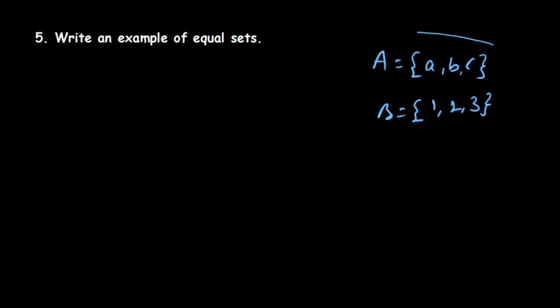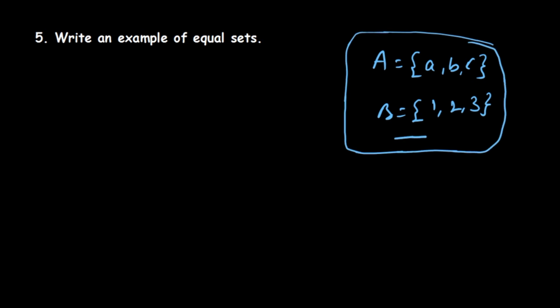See, these are not equal sets. These are called equivalent sets. We can use this symbol because n of A, the number of elements in set A, is 3 here, and n of B, the number of elements in set B, is also 3 here. So the number of elements are the same, I mean equal in the two sets, and this is the symbol for this. So now the question here, it is an equal set.